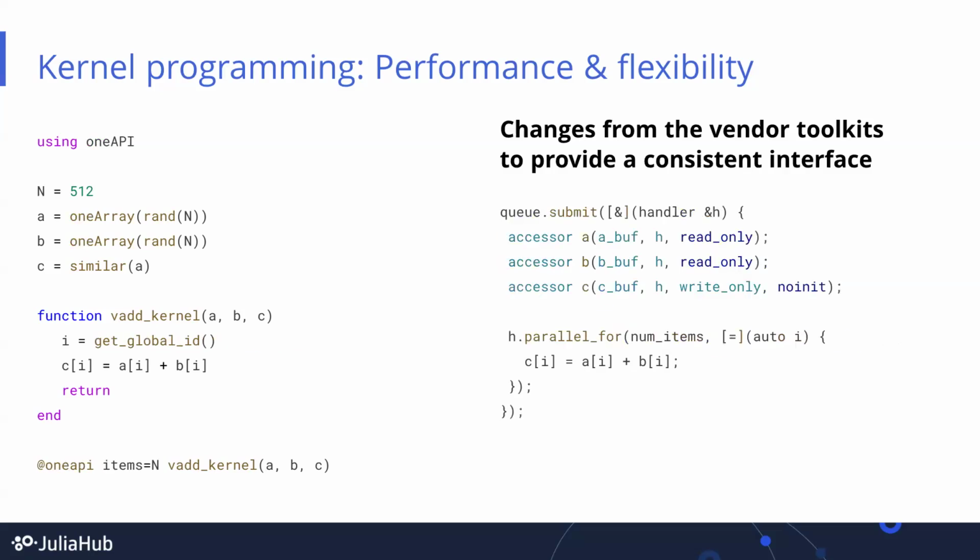With one API, we've taken some more liberty of moving away from this parallel line TSL into this relatively familiar and similar scalar programming model that we have for CUDA and Metal and all of the other backends. And this enables KernelAbstractions to target all of these backends equally, which I'll get to later.